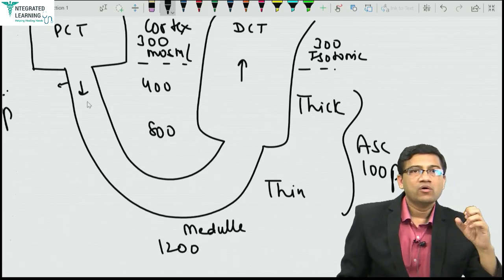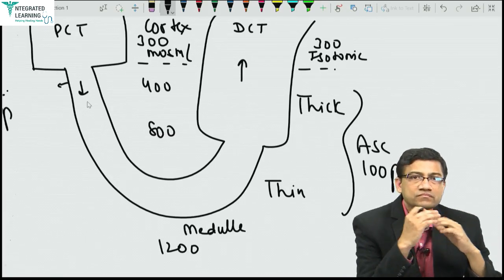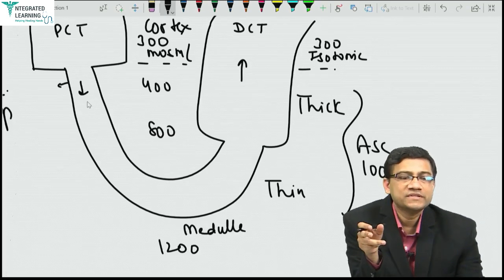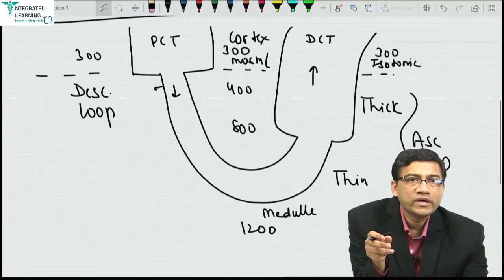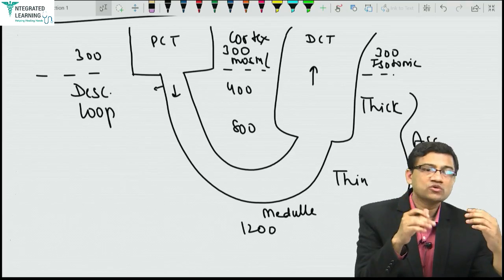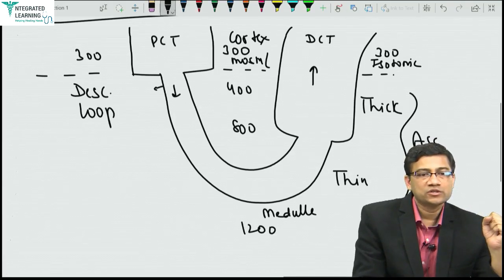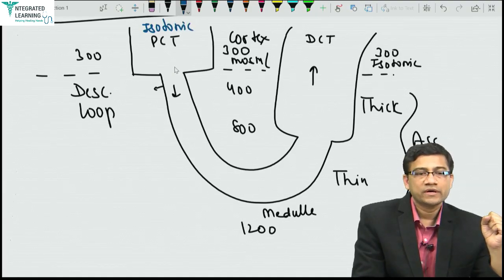Now comes the question. First, what does PCT receive? Hypotonic or isotonic urine? It gets isotonic urine from the plasma. And what do you absorb here?